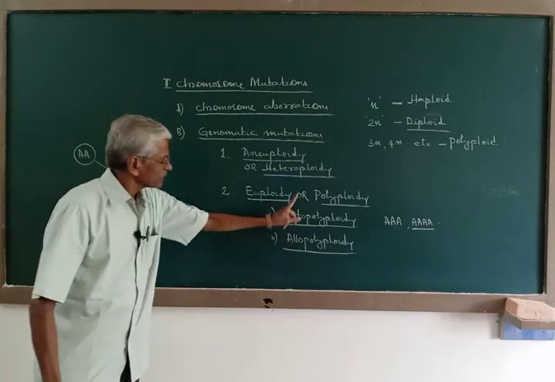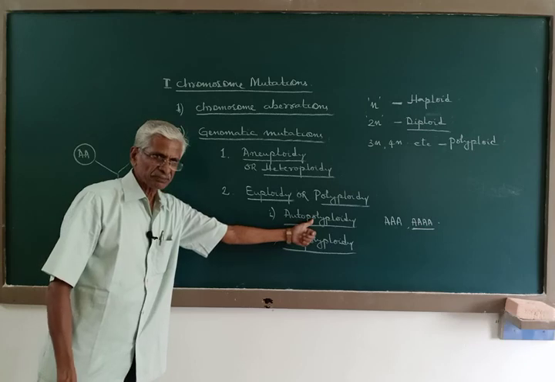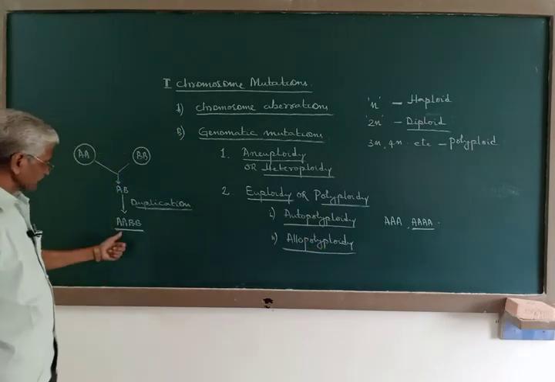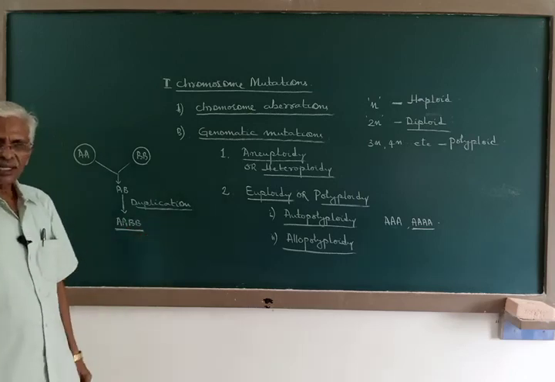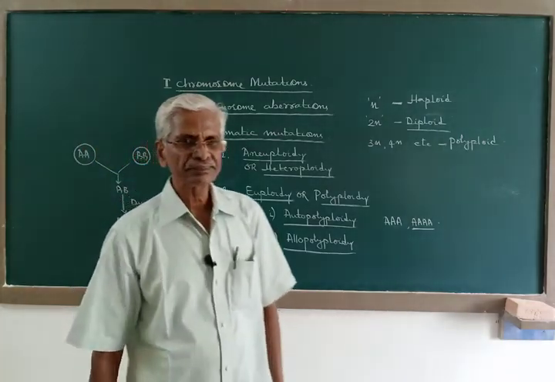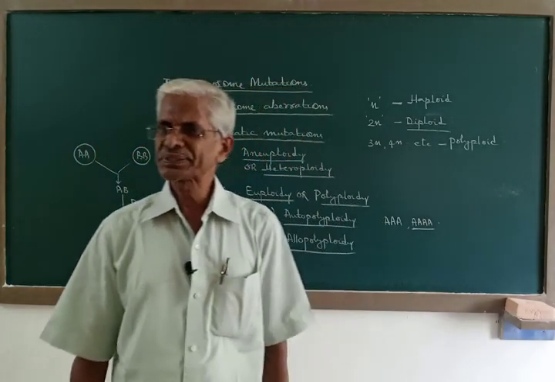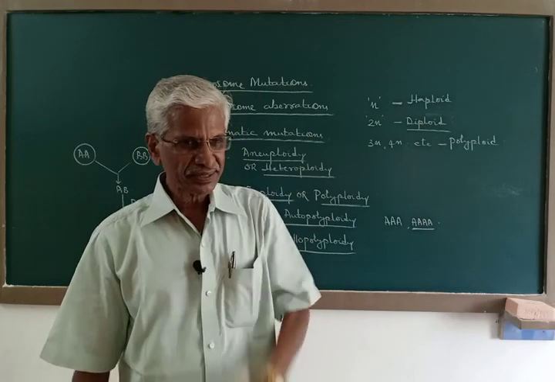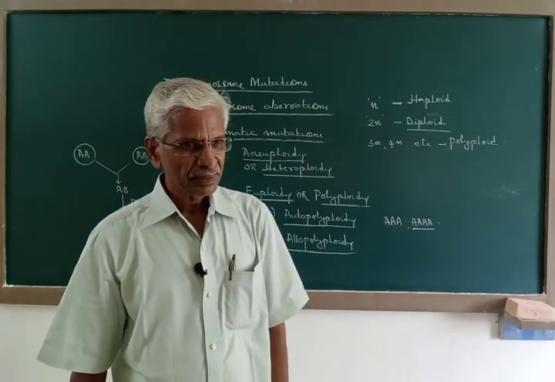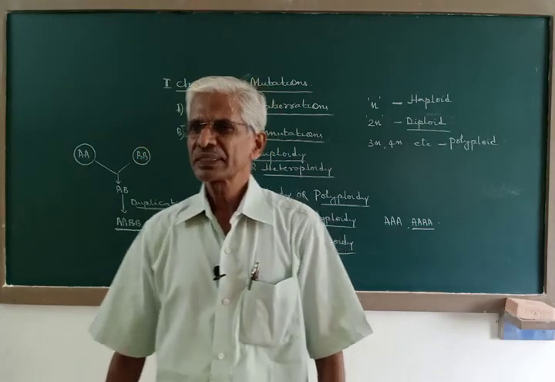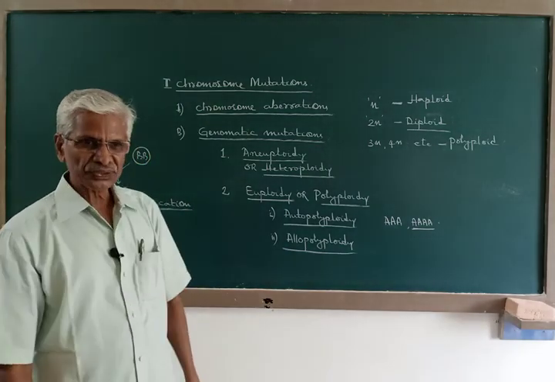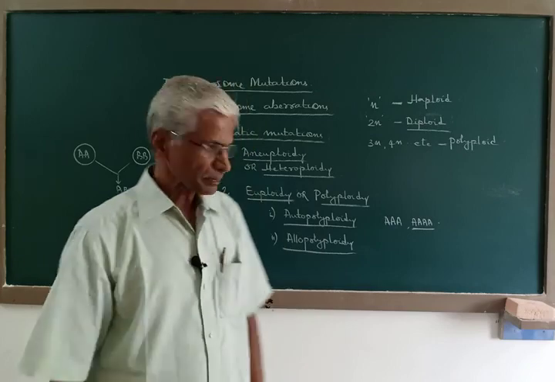So this is how polyploidy can be discriminated into autopolyploidy and allopolyploidy. This is an example for allopolyploidy, and such type of allopolyploidy is observed in some plants like wheat, American cotton, tobacco, etc. So in all these plants, allopolyploidy is true.